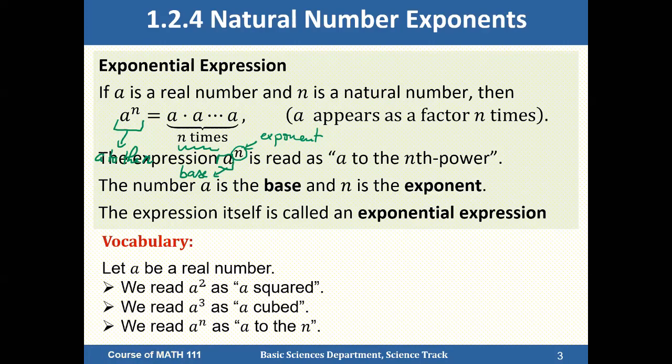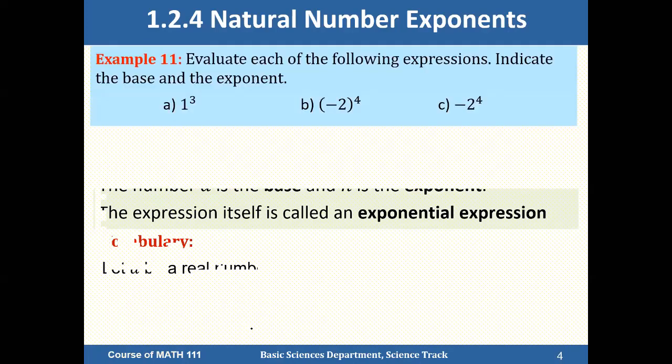So a to the 2, to the second power, is called a squared. A تربيع, a squared. A to the 3 is called a cubed. A تكعيب. And a to the n for any other exponent. Okay? This is easy, just a recall.